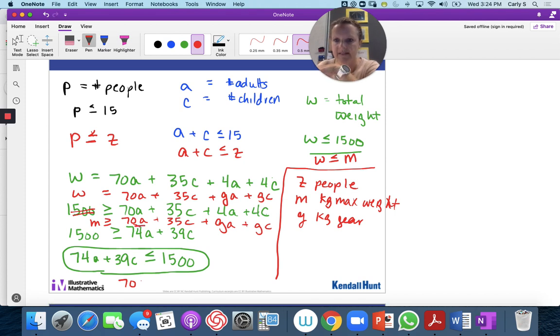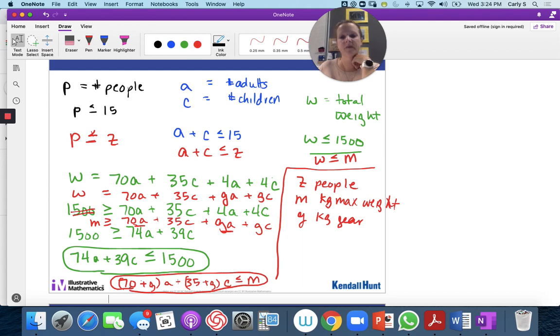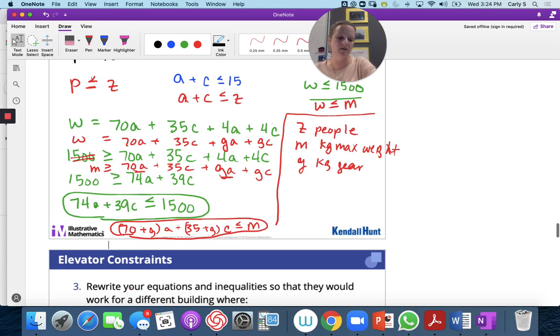So I'm going to take 70A and GA and say 70 plus G times A plus 35 plus G times C is going to be smaller than or equal to not 1500, but M. That last one was hard. Not impossible, but hard. Okay, so we replaced everything with what it wanted us to.